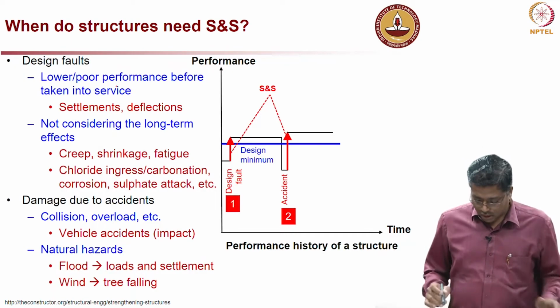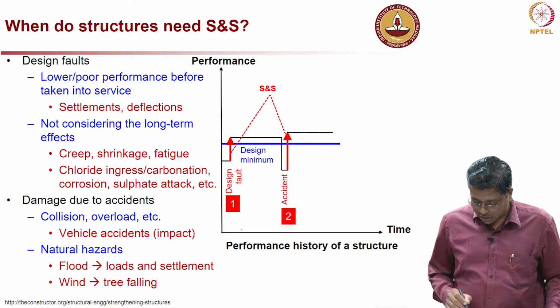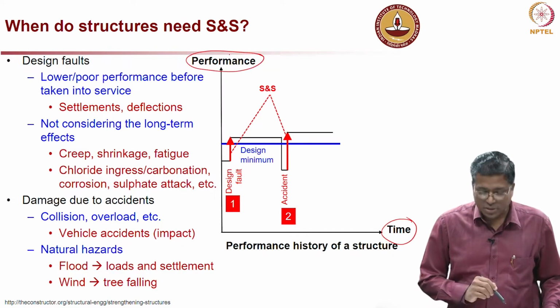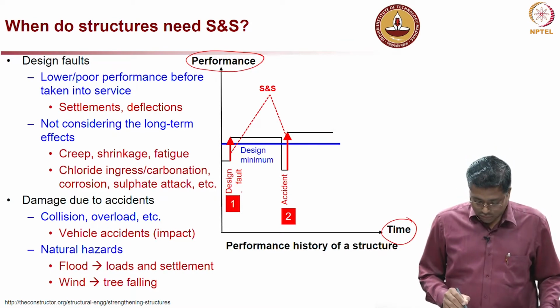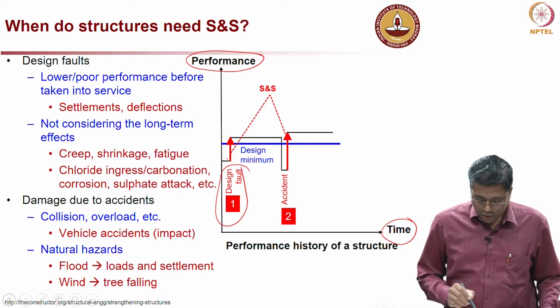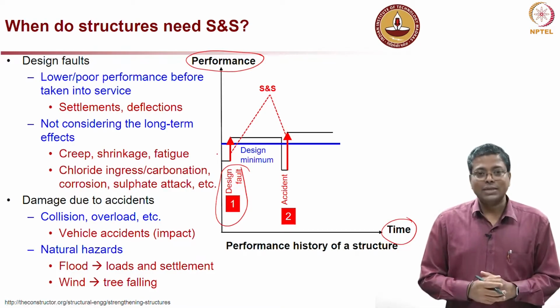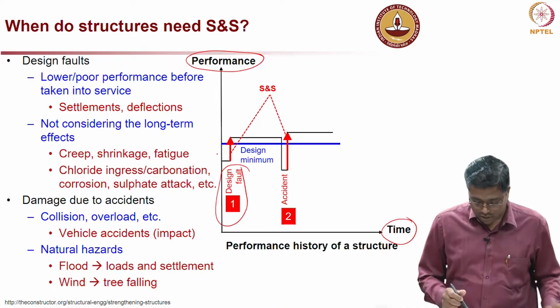Let us look at this chart, where you have time on the abscissa and the performance level on the ordinate. In the first point, design fault, the blue line is the design minimum, or the minimum performance expected from the structure.